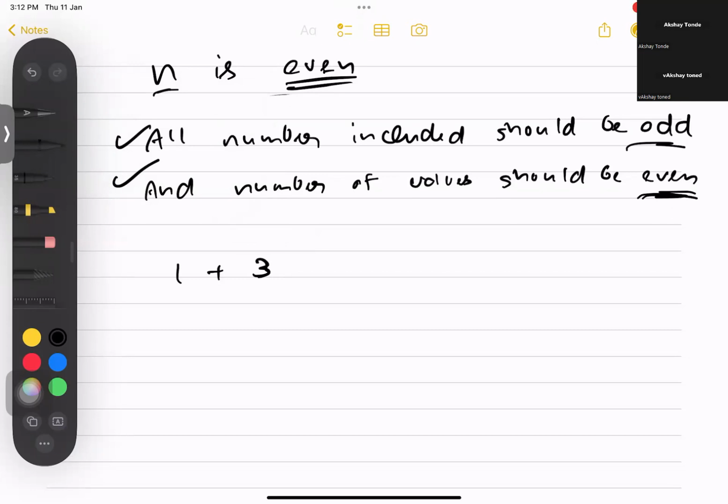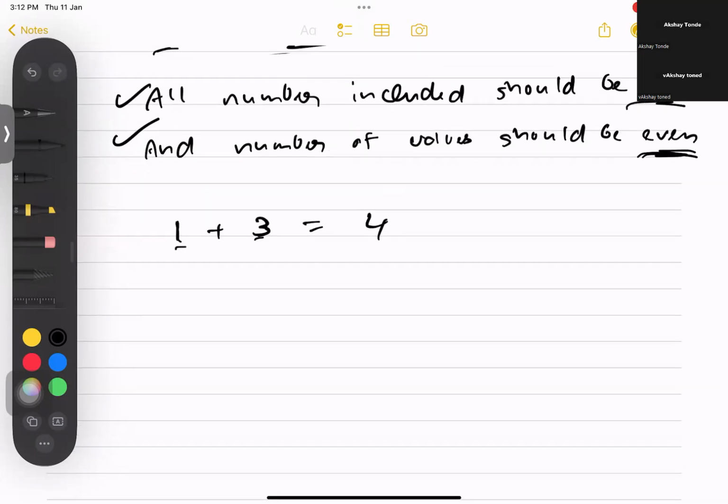Since they have to be distinct, I take 1 and 3 only, and both are odd. 1 and 3 give a sum of 4. So can we say that any even number from 4 onward can include 1 and 3? We can always include them, because 1 and 3 sum up to 4.